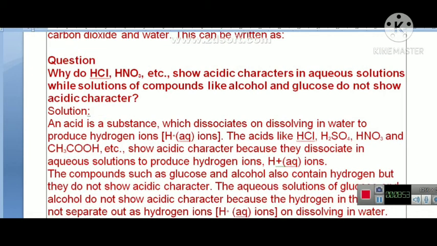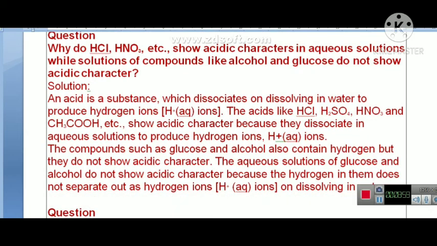Why do HCl, that is hydrochloric acid, and HNO3, that is nitric acid, show acidic character in aqueous solutions, while solutions of compounds like alcohol and glucose do not?